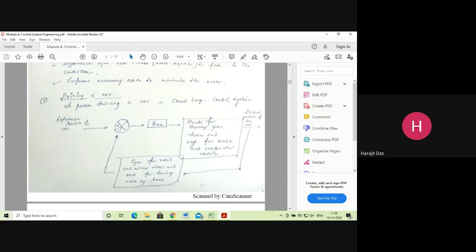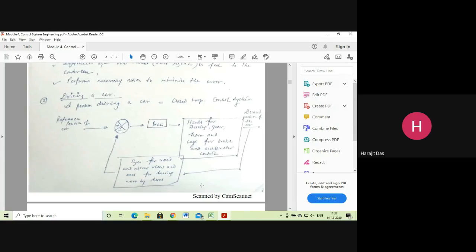Why is it happening? When you are pressing the accelerator you are giving your car a speed of, let's say, 60 kilometers per hour. So your output is that your car is driving with an instantaneous speed of 60 kilometers per hour. But suddenly when there is an animal, an obstacle, or a speed breaker, you apply the brake.